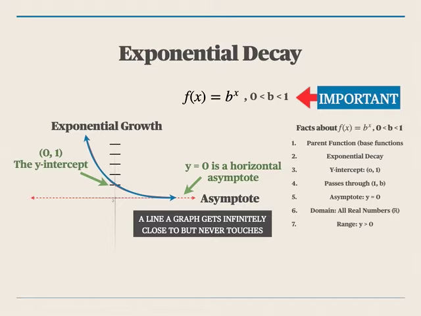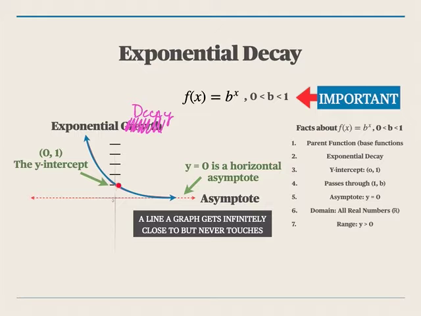So in exponential decay, the b value is between 0 and 1, and that is like 1/3, 2/3, 1/5, 8/9, any fraction that is between 0 and 1 is your base. And if you have that base, you're going to have, and I don't know why it says exponential growth there, you're going to have exponential decay.